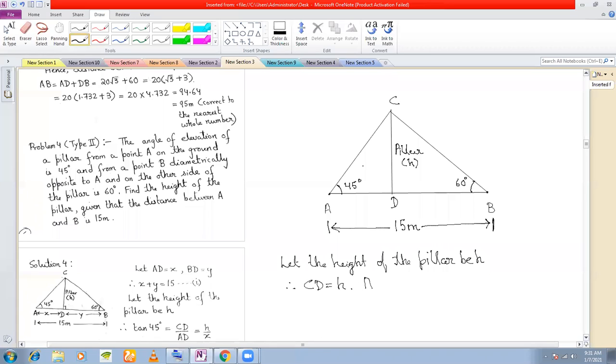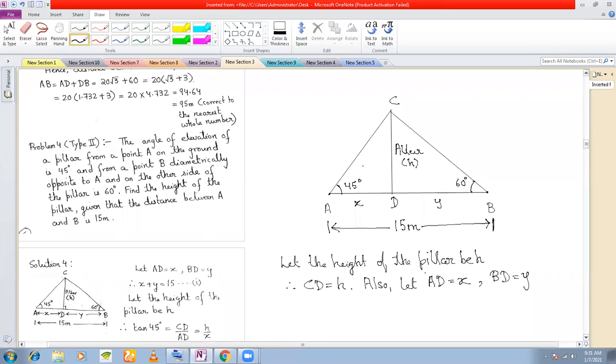Also, for simplicity's sake, let us take AD equal to x and BD equal to y. Now we shall find out x and y, in fact, we'll find out h.